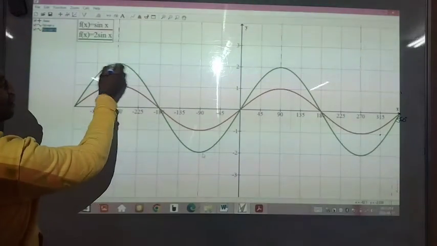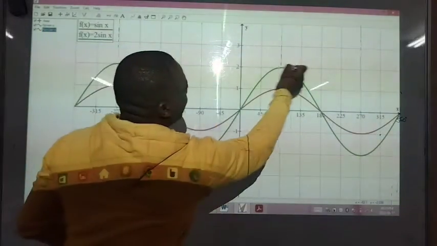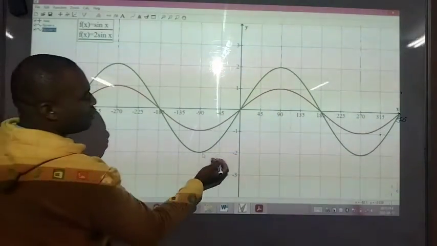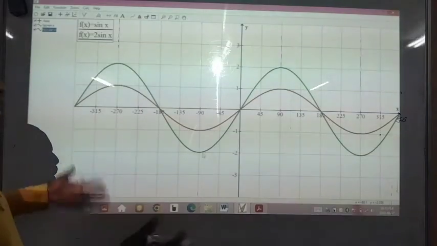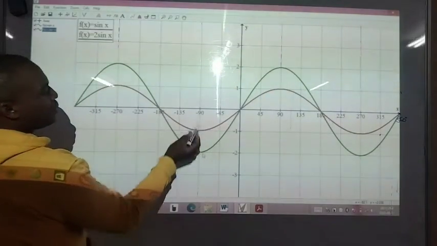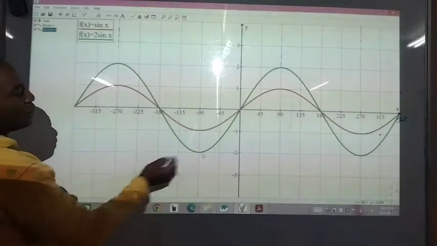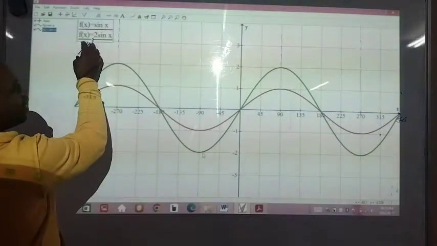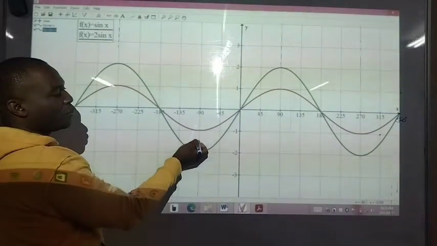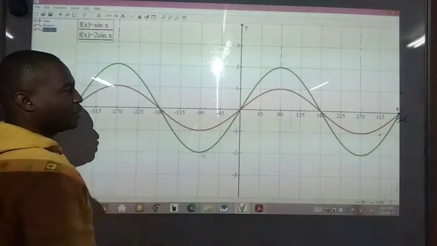Now the graph has a new maximum value and a new minimum value. In another sense, when we put negative 90, we get negative 1. Now the negative 1 is being multiplied by 2. So it means now the new point is negative 90, negative 2.